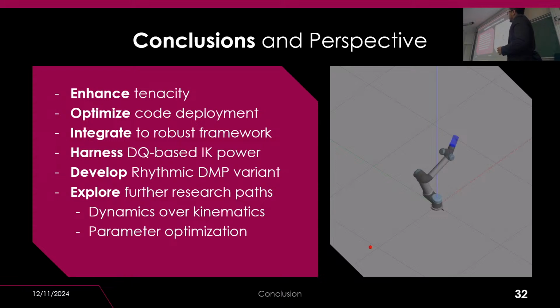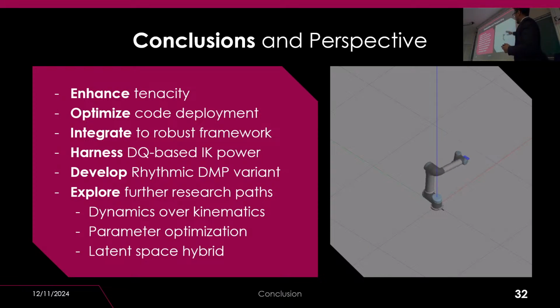Parameter optimization is a very interesting subject to tackle eventually, so as to properly choose automatically the number of kernels, for instance, or the parameters that define the model. And finally, a latent space hybrid, which will integrate the kinematic data over Cartesian space with a latent space representation of the robot kinematics, which would effectively enhance the efficiency and the performance overall of the method.